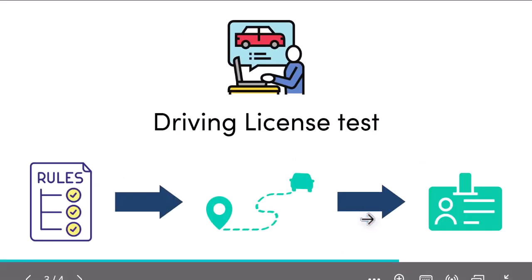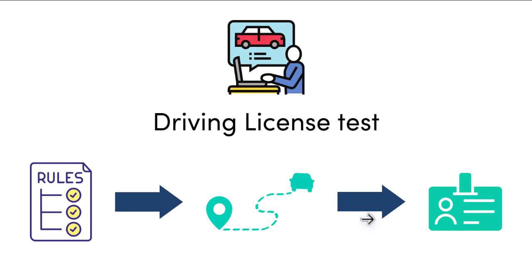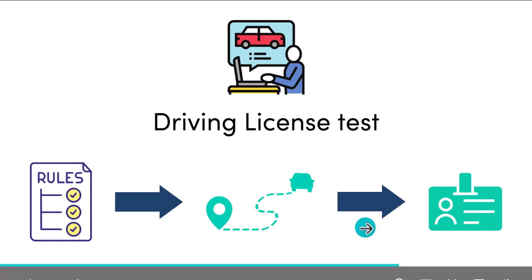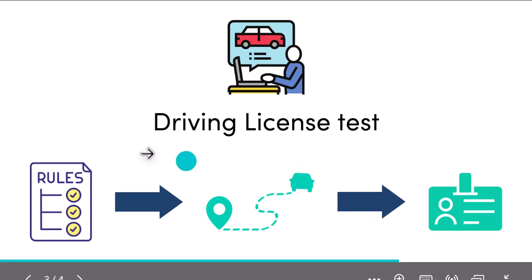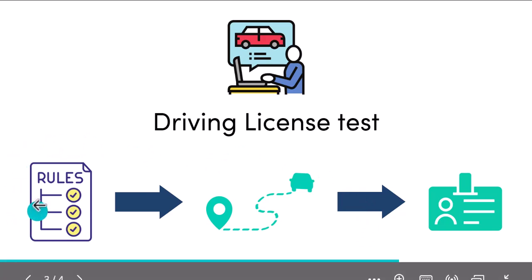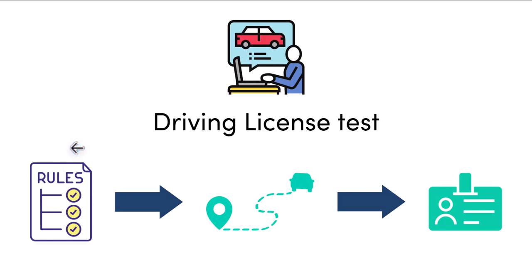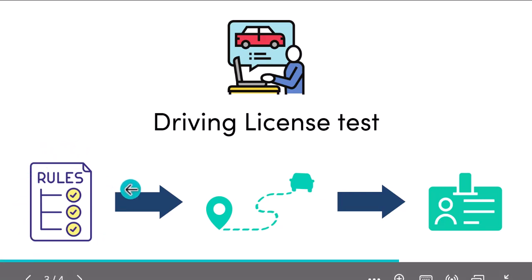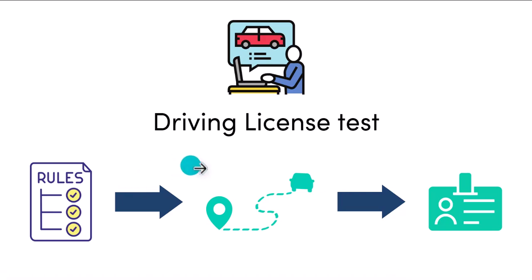To explain this mastery learning in a very simple way, take the example of a driving license test. Every person is first given rules to understand and comprehend. Then there is a test, and when one has mastered the rules, only then he or she is allowed to practice on the road.